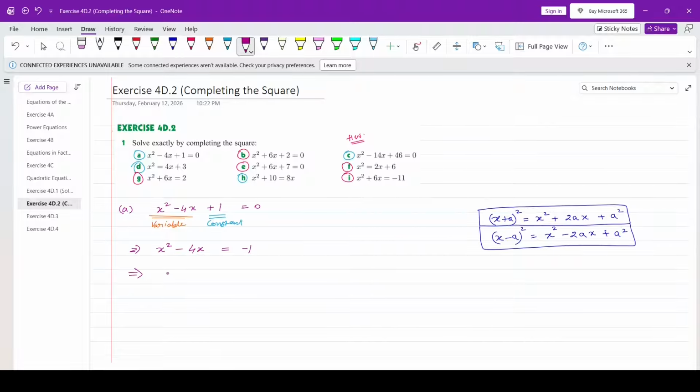So let's try. x square minus, now we have minus here, then 2ax. So we write 2. If we take 2 out of this 4x, we are left with 2x. So we have another 2 and we have x. We know this is equal to -1. Now we know this x square is equal to this x square. This -2 is equal to this -2.